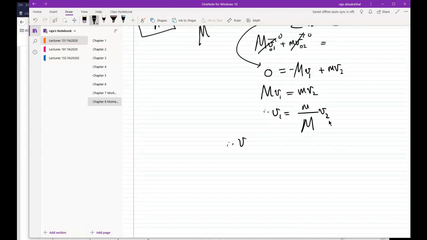So therefore, V1 is the mass of the bullet, which he said, I'm looking at my hard copy, 3 grams, 3 times 10 to the negative 3 kilogram, divided by the mass of the rifle. I'm sorry, I made a mistake. I read the wrong thing. The mass of the bullet is 5 grams, so that makes it 5 times 10 to the negative 3 kilogram, divided by the mass of the rifle, 3 kilogram.